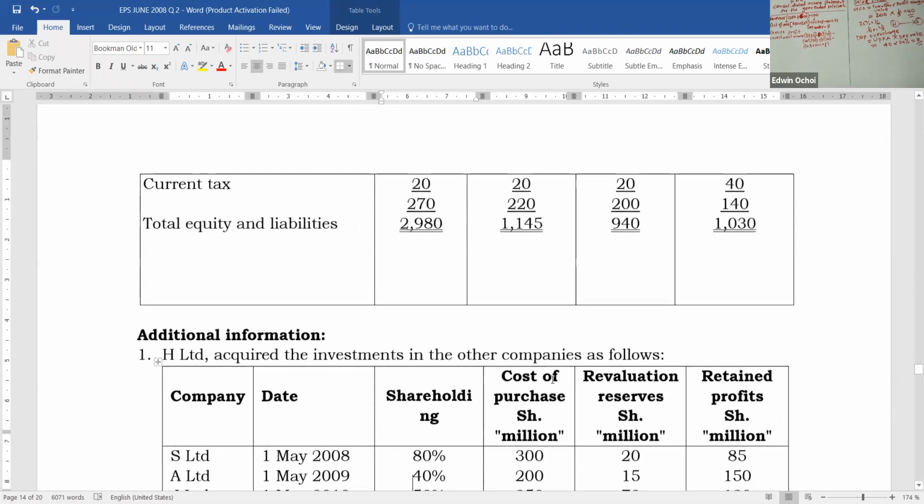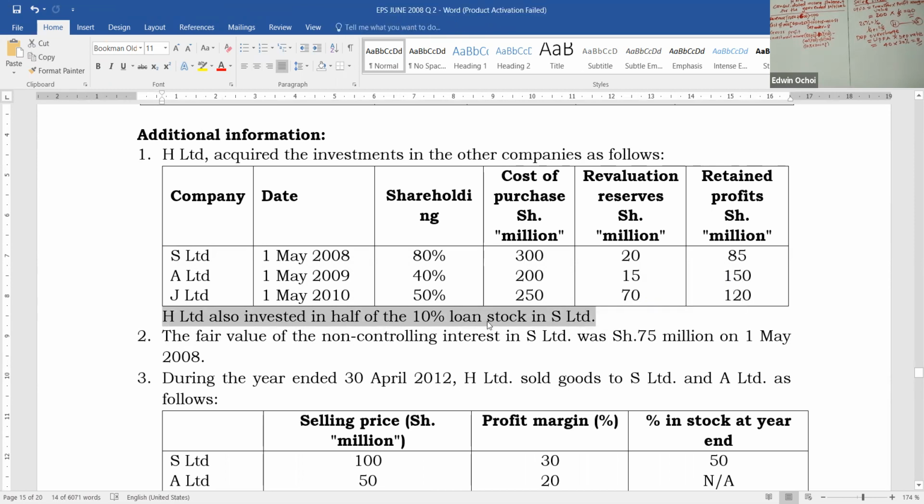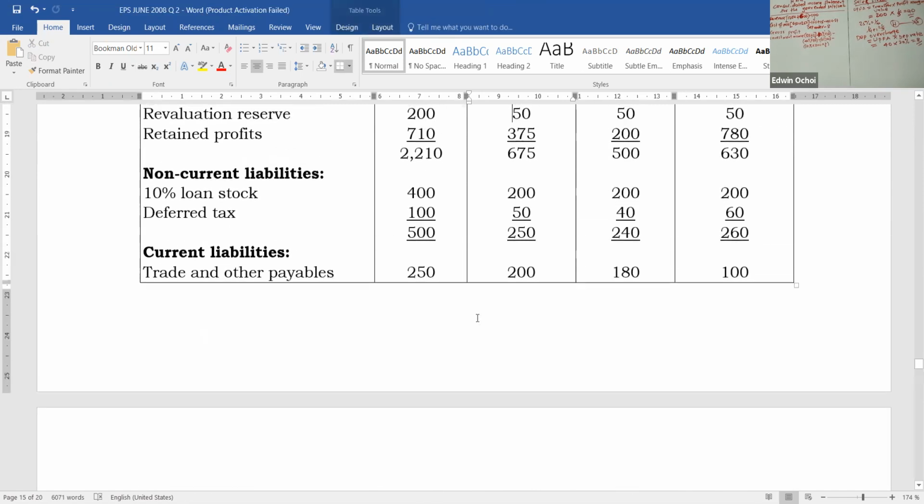So they said in additional information number 1, H also invested in a half of the 10% loan stock in S. And the 10% loan stock in S is this one, 200. So I have a half of this. So a half of this is 100.